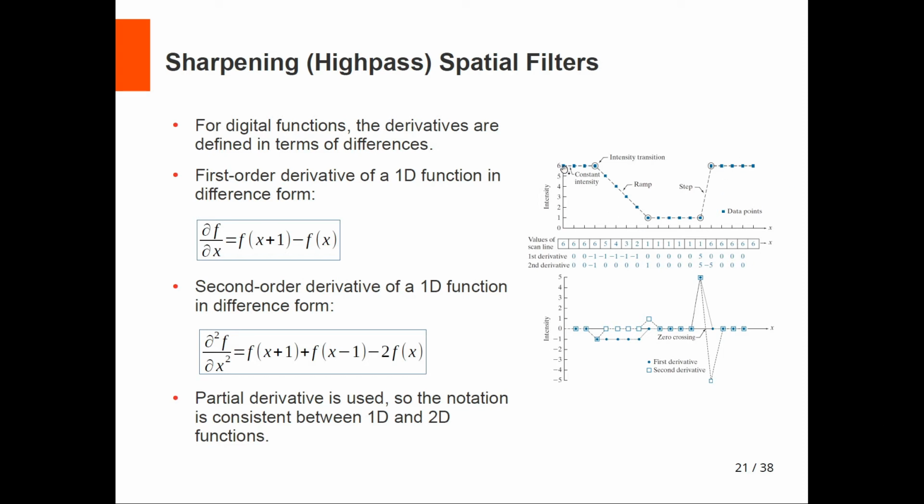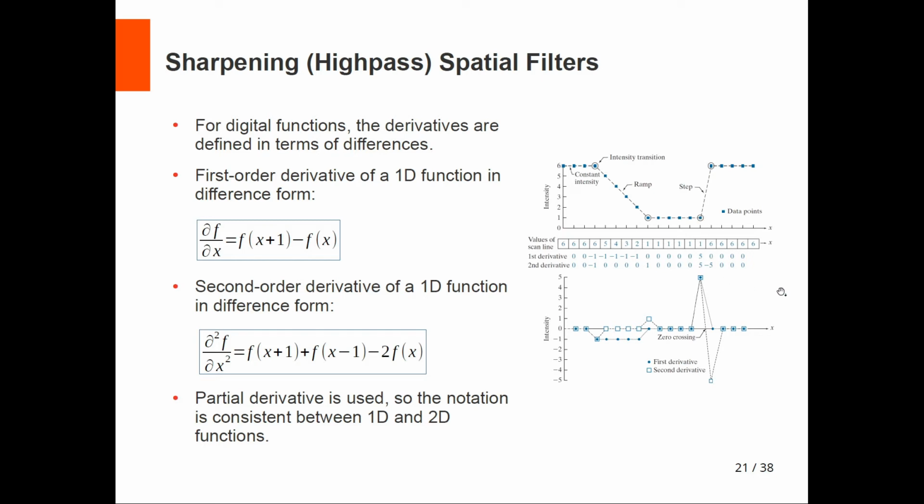So you can consider this one-dimensional curve as a one-dimensional image that has three areas of constant intensity. We have an intensity ramp, and we have this intensity step that is basically a sudden change from a lower intensity to a higher intensity or vice versa. But the important thing is that this step happens only within the length of moving one pixel.